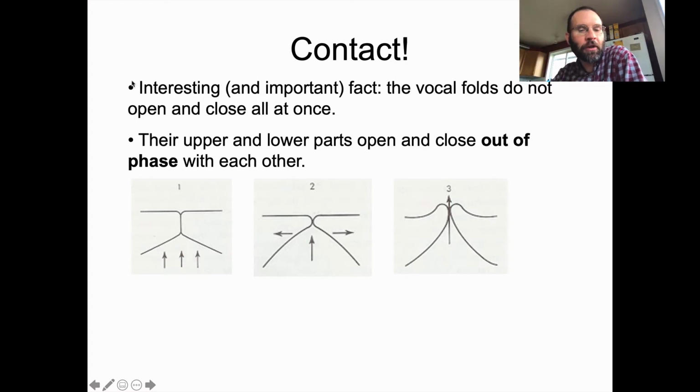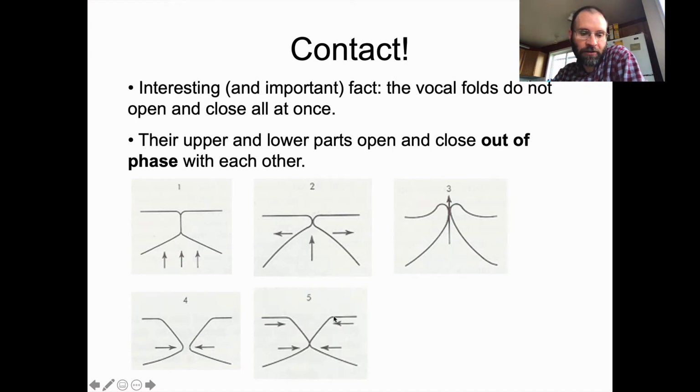Air will go out and into the pharynx and the rest of your mouth. And then as the Bernoulli effect kicks in, as air is flowing through here, the lower parts of the vocal folds are actually going to come together first. And then after that, the top parts of the vocal folds will come together later, and then eventually the whole thing will be closed and we'll repeat the entire cycle again.